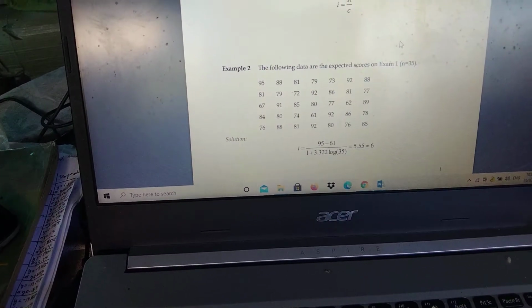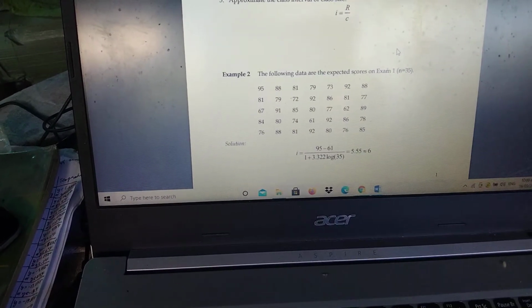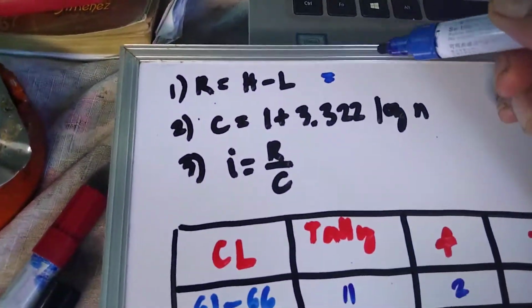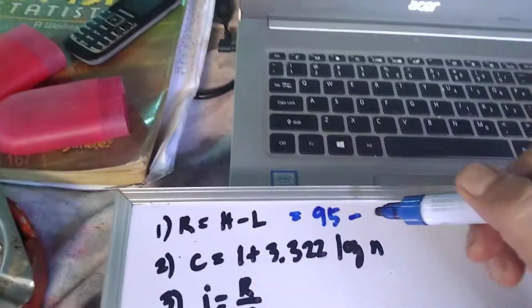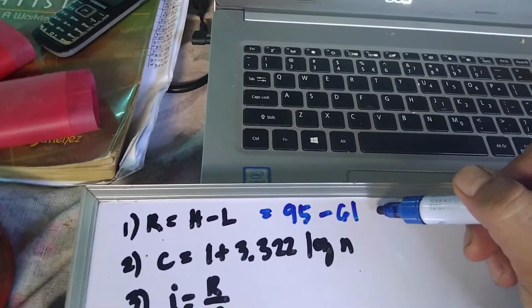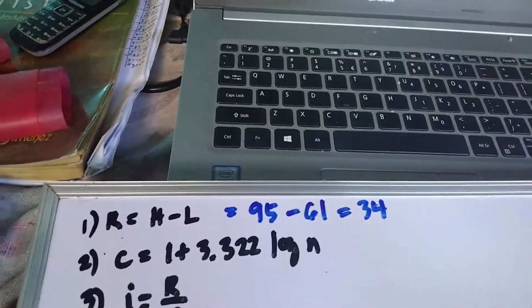The highest value in our observation is 95, minus the lowest value, which is 61. So our range is equal to 34.